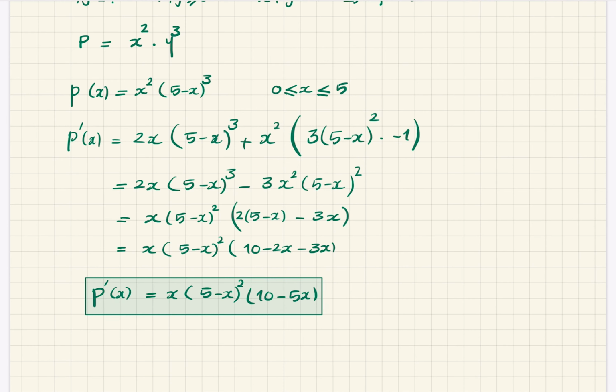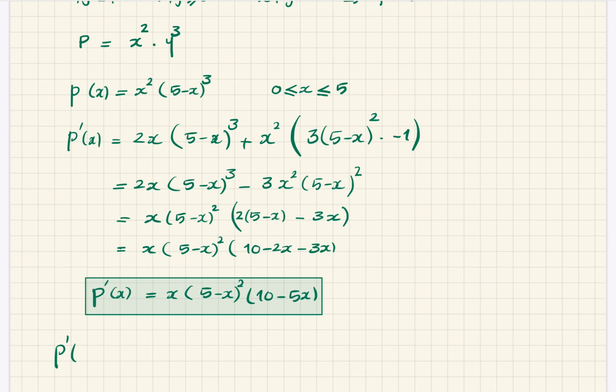Do you agree? Let me just double check everything. So I did this one. Yes. Yeah, that's correct. And now I put the derivative equal to 0.